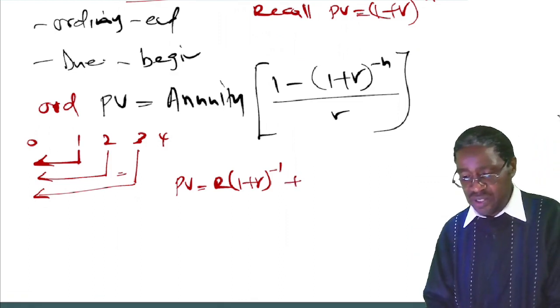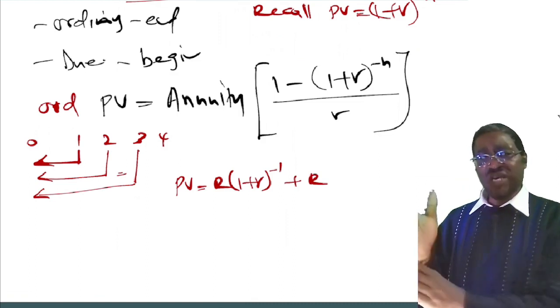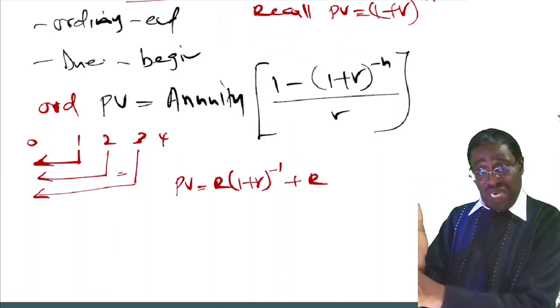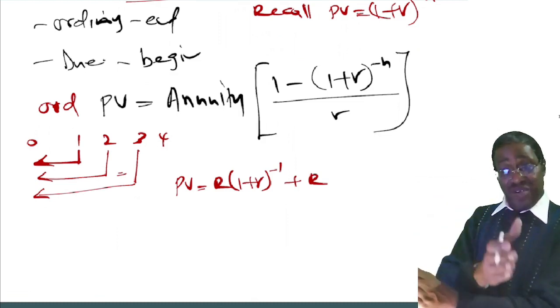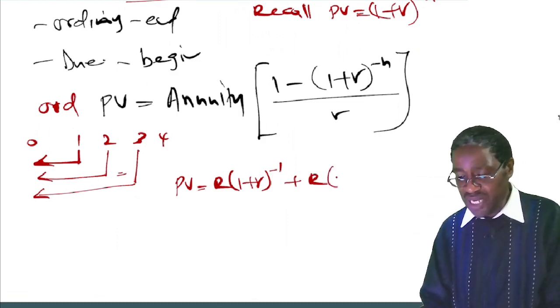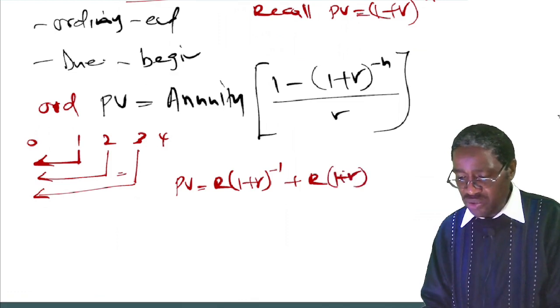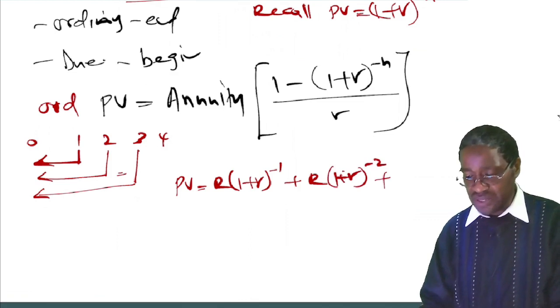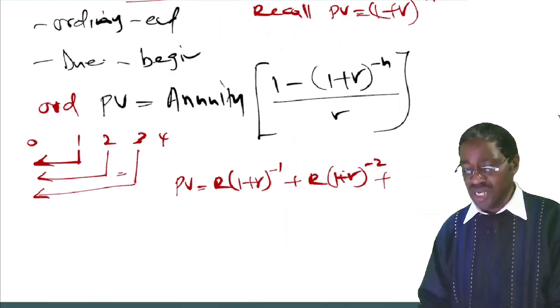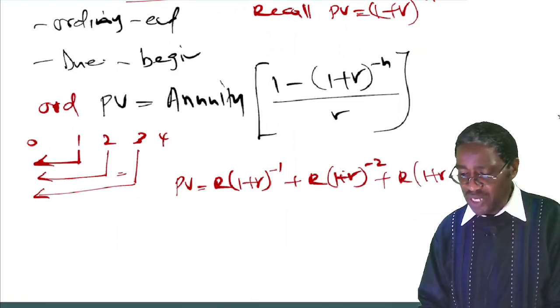Plus R, what will be the annuity of year 2? I'm going to receive 1 million at the end of year 2. What is the present value now? So it will be (1 plus R) to the power of negative 2. Are you saying? Plus R into (1 plus R).